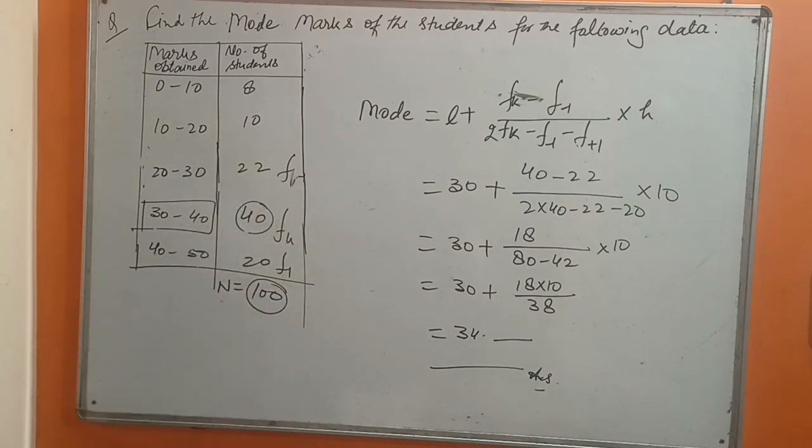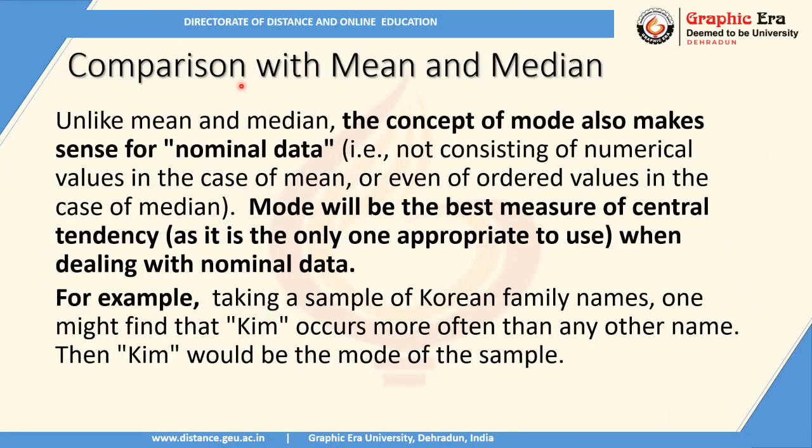And if the data is not grouped, then you can find the mode by getting the term which has the maximum frequency. Coming to the comparison with mean and median: unlike mean and median, the concept of mode also makes sense for nominal data, that is, not consisting of numerical values as in the case of mean, or even of ordered values as in case of median.